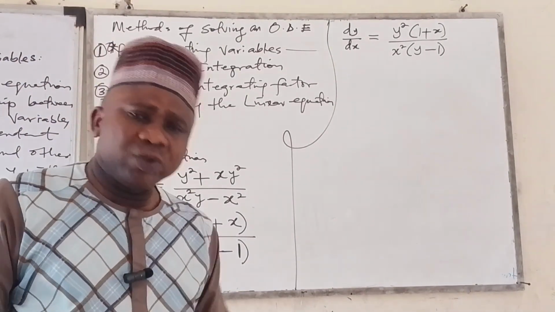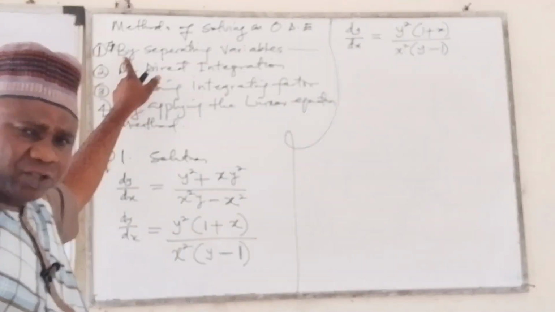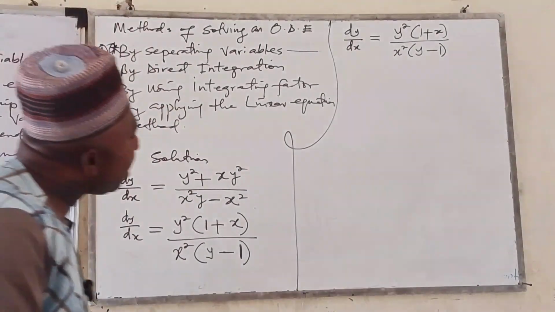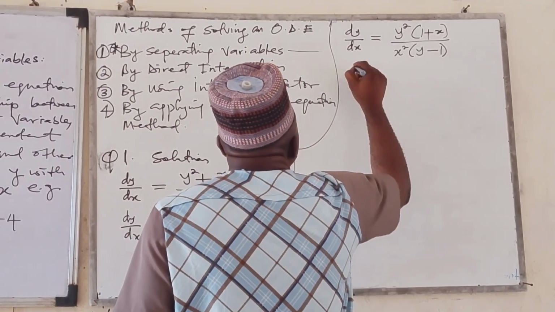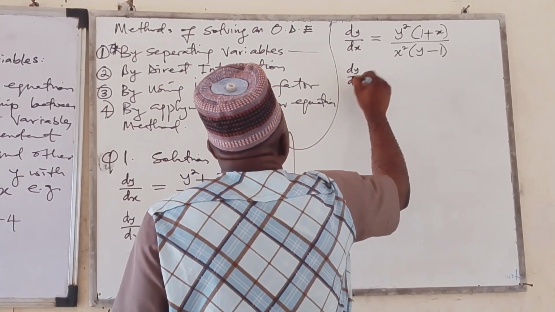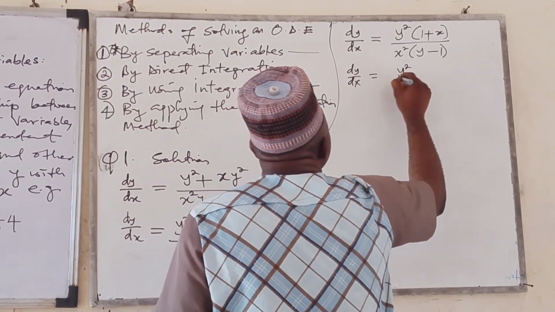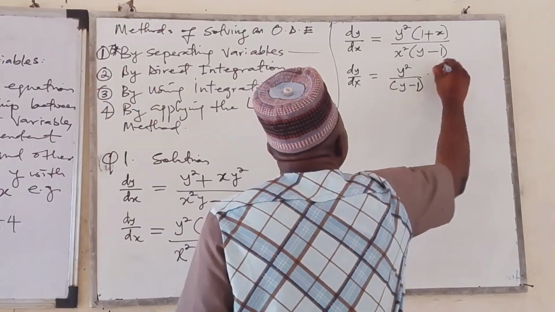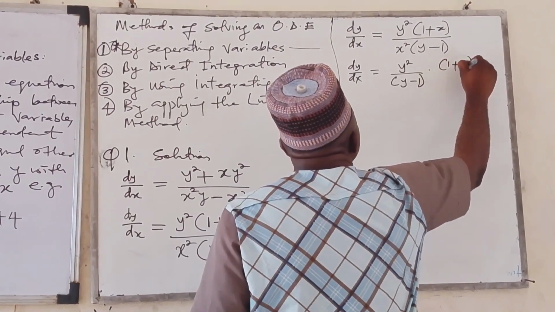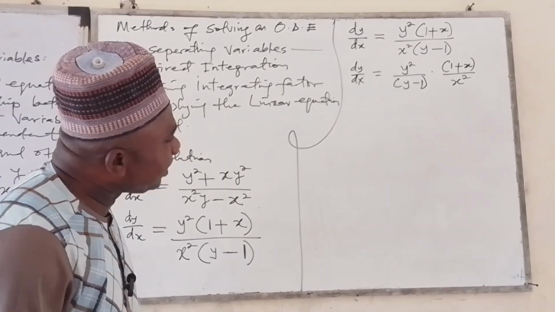So now we want to separate them. That is what the method of separating variables is all about. So it implies that dy/dx is the same as y squared all over y minus 1, times 1 plus x all over x squared. Now I've separated these.